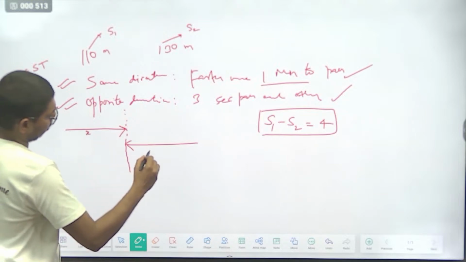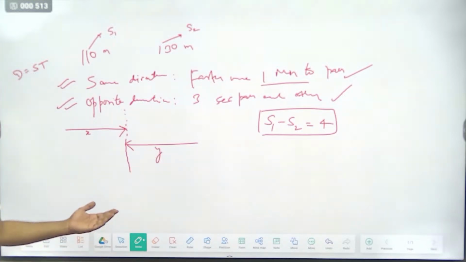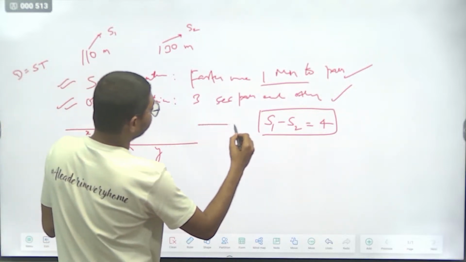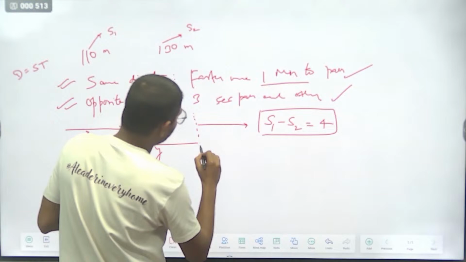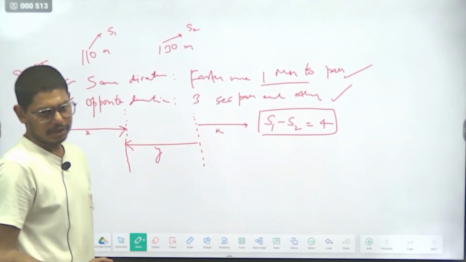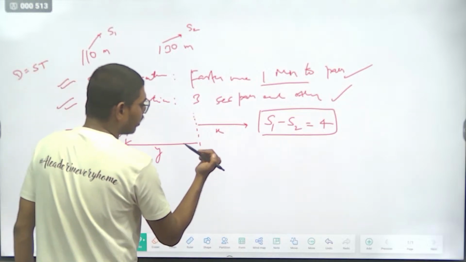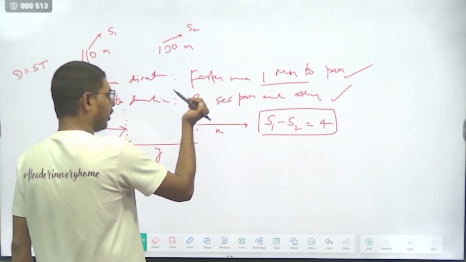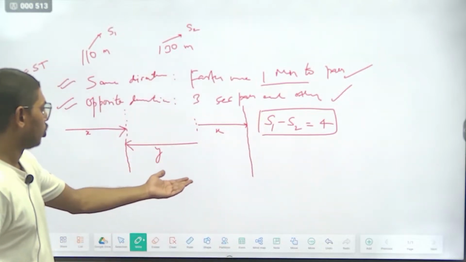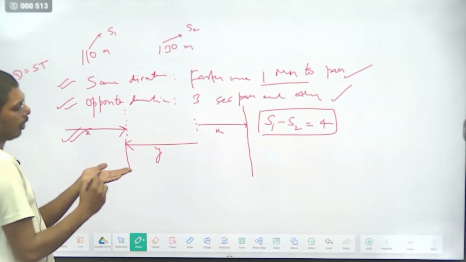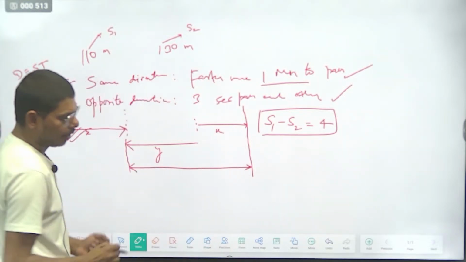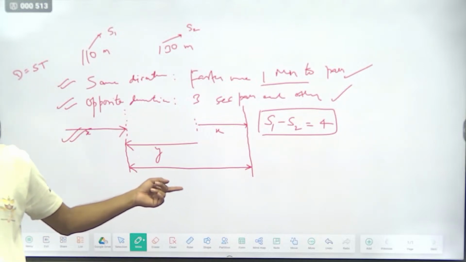When this train has reached over here, then we will say it has crossed. So how much distance did this train have to travel? It had to travel this much distance, right?